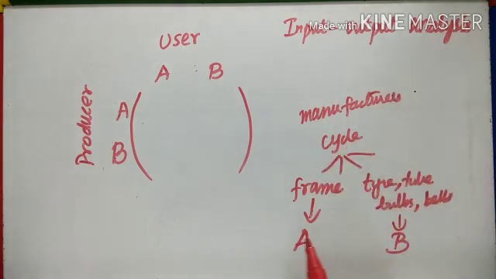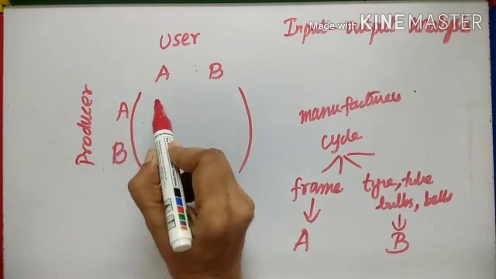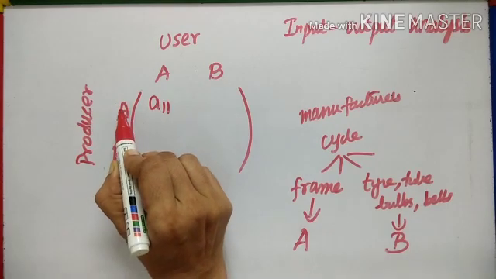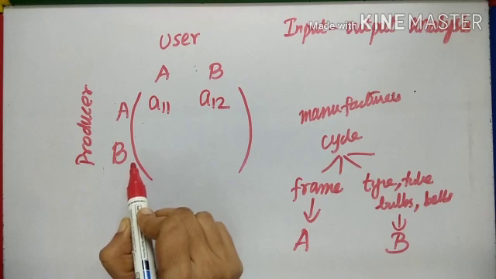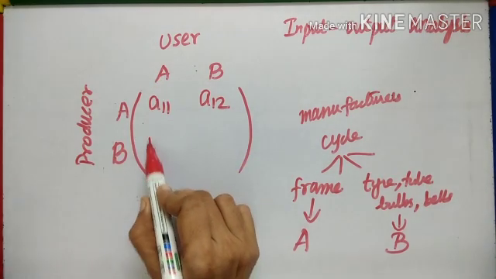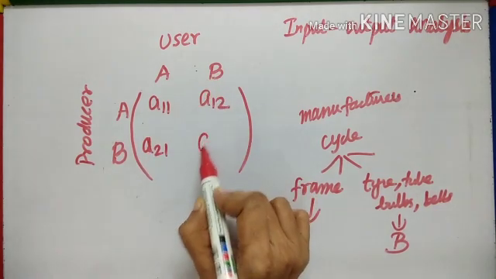So A is giving frame to B, whereas B is giving tires, tubes, bulbs and bells to A. So now the question is, A has to produce for its own needs and A has to produce for B also. Similarly, B has to produce whatever A is using and B has to produce for B also.